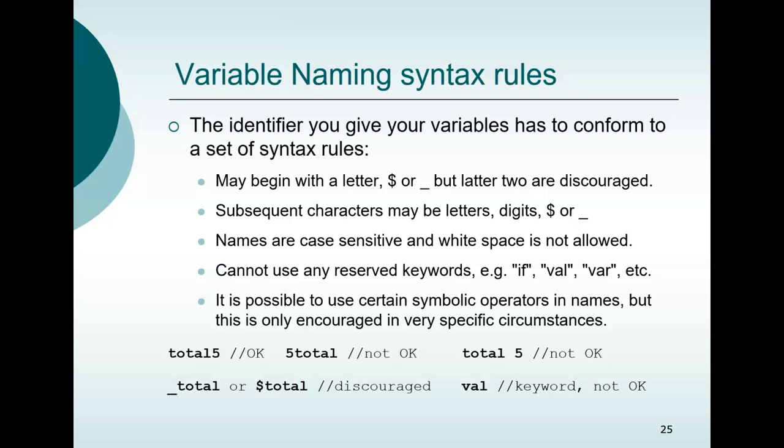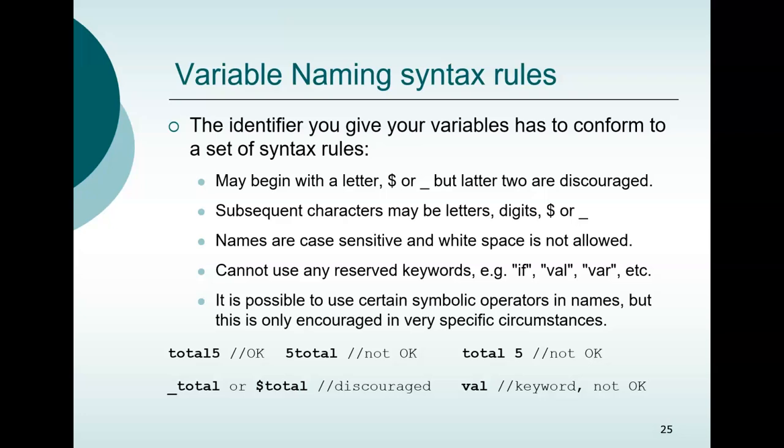It may then be followed by characters, digits, $ signs or underscores. So you can begin with a letter, $ sign or underscore, and follow with other letters and digits.